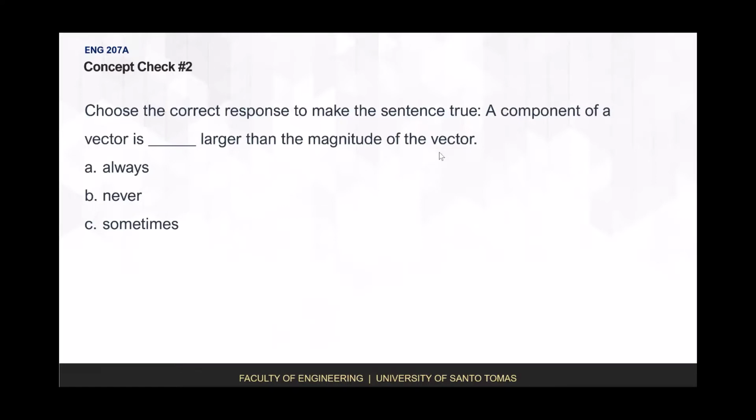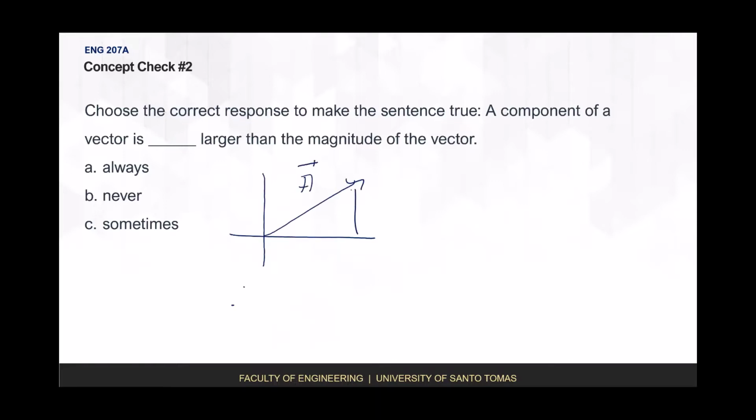Okay, we got C, B, B, B, B, B, B. Okay, the correct answer is actually B. So again, a component of a vector, which means, let's just say this.